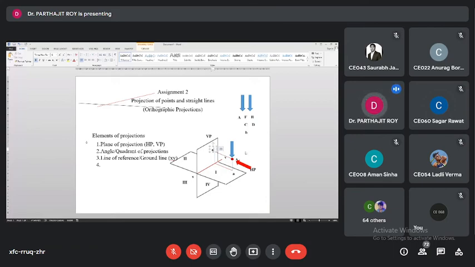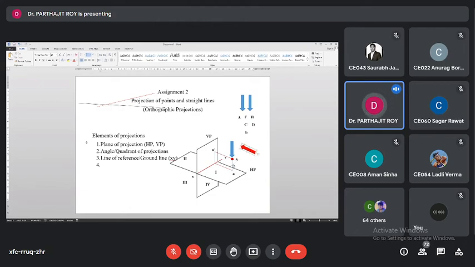Now there is a procedure for how to write these projection points. Earlier one, as I told, on the horizontal plane, we call the top view. This one we'll call the front view. So the front view will be represented by the corresponding small letter with a dash. The top view I am representing only with the corresponding small letter.